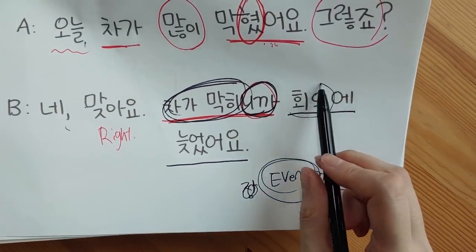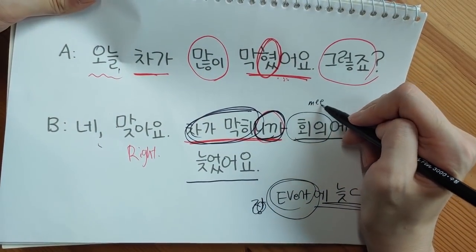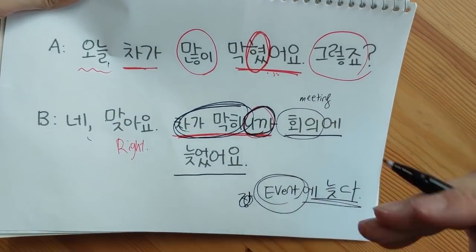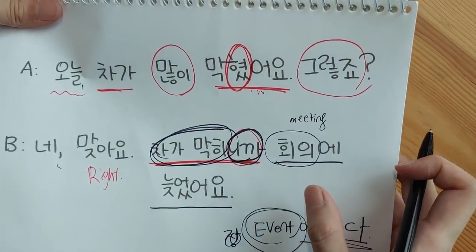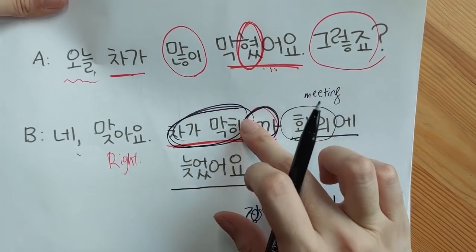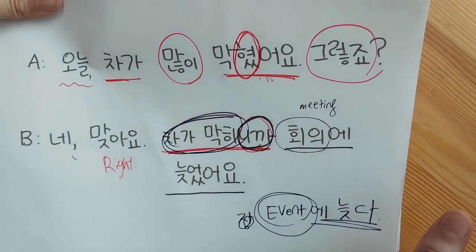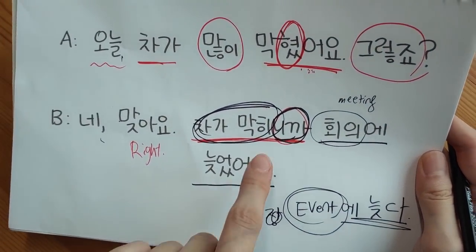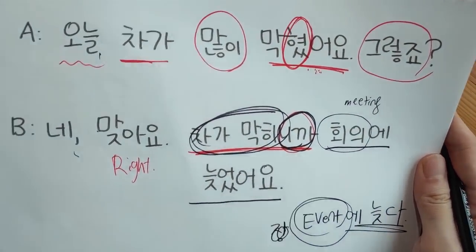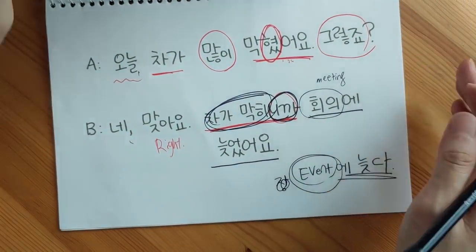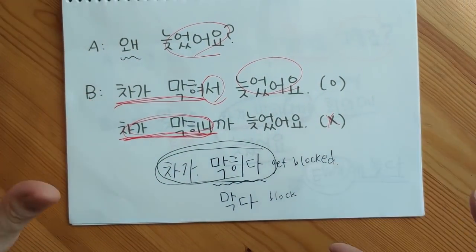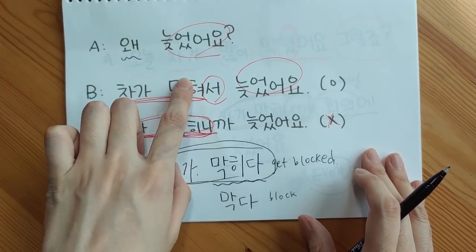So 회의 here means meeting, like an official meeting in a company or at work. So there was a traffic congestion, so I was late for the meeting. 회의에 늦었어요. So in this case, 니까, 차가 막히니까 can be used, but when you are stating the general reason for something, then you can go with 서.